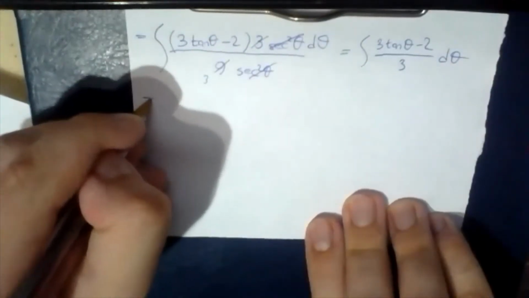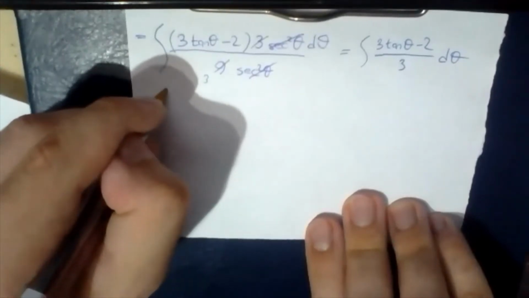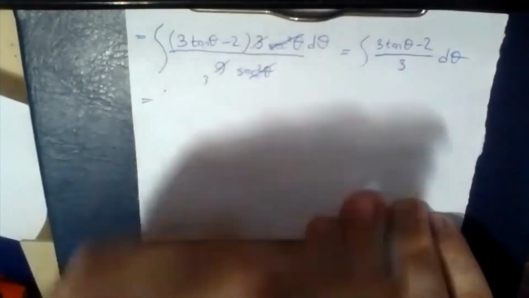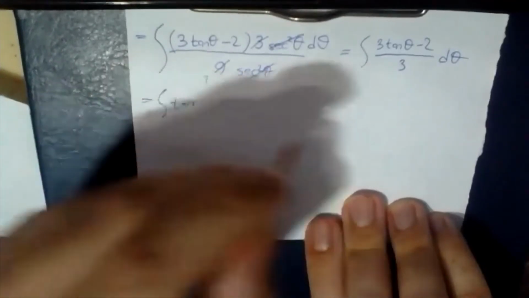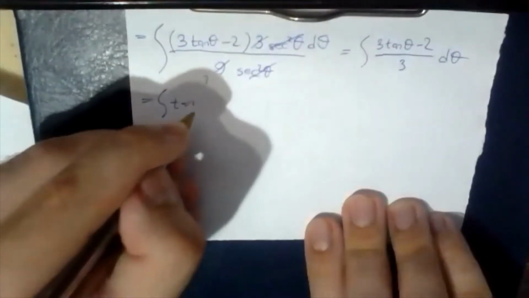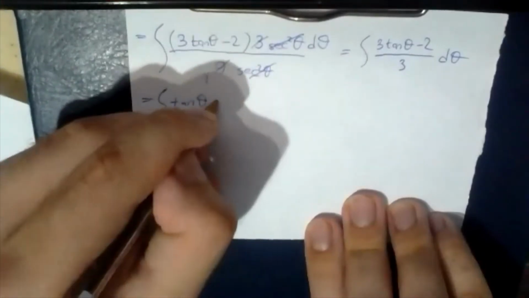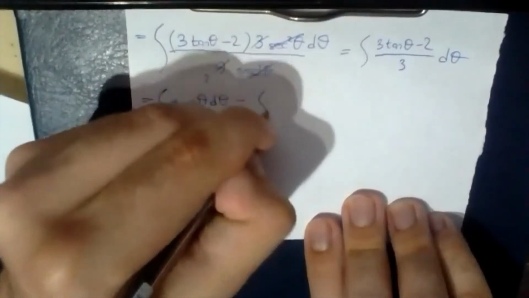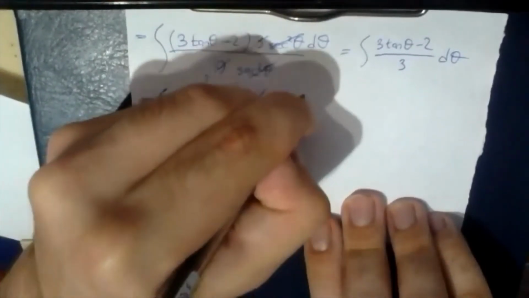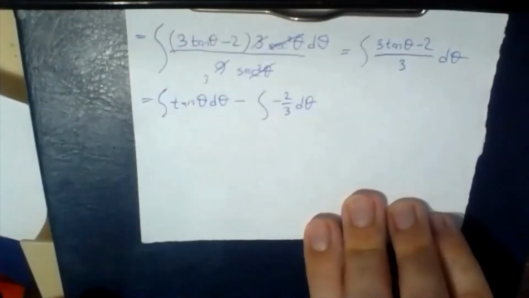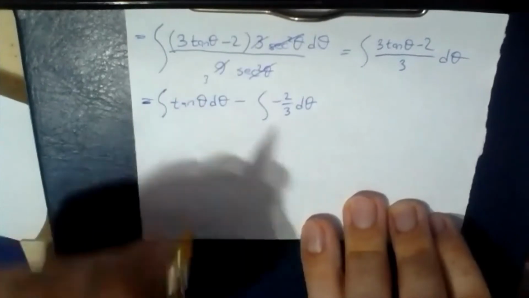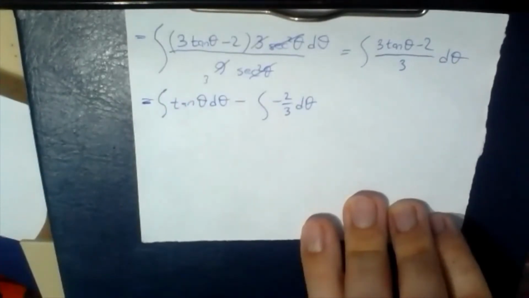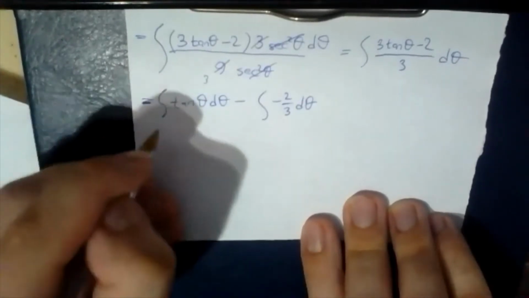And what is next? When we integrate this one, before integrating, let's separate it into parts: tangent theta d theta minus 2 over 3 d theta. What is the integral of tangent theta? Maybe if you know, you can directly write the result.